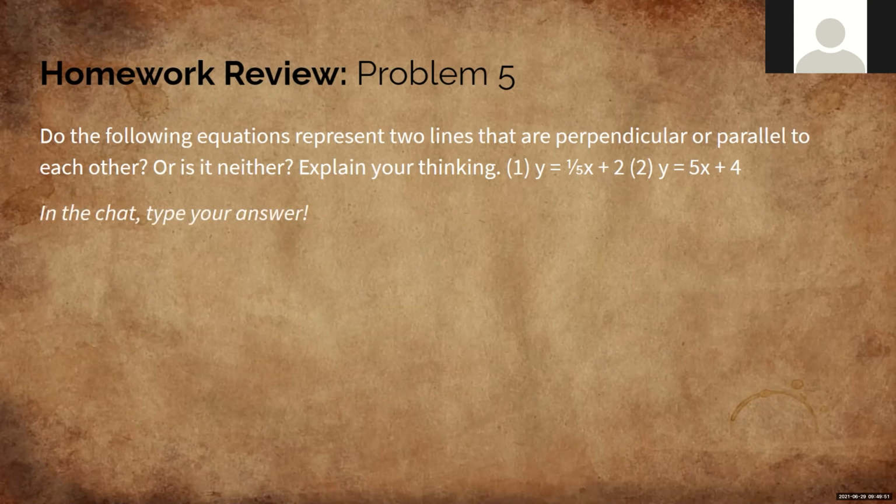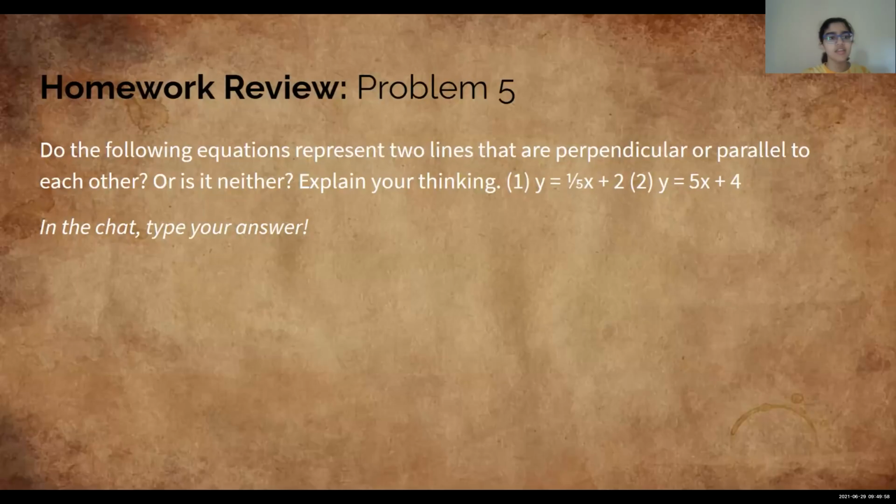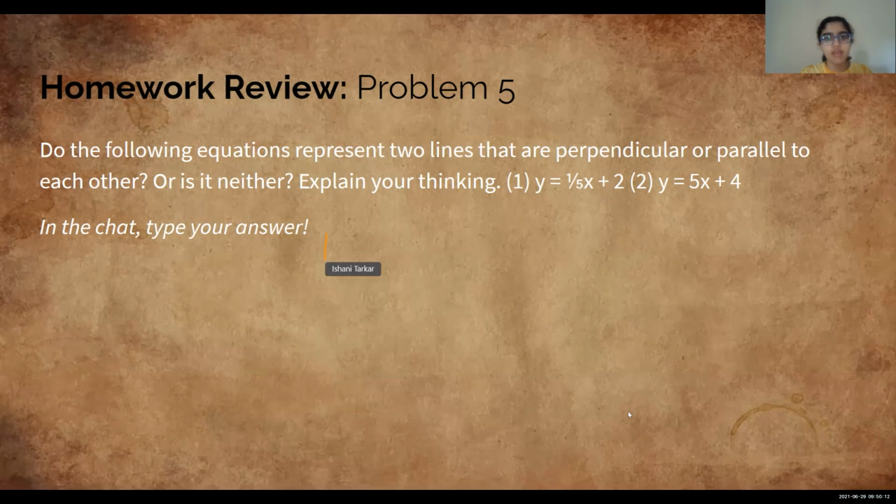Can you do the perpendicular rule again, please? Sorry. Okay, so perpendicular lines have opposite reciprocal slopes. Let me see if I can annotate. Okay, so 1/5's opposite reciprocal would mean it has an opposite sign.